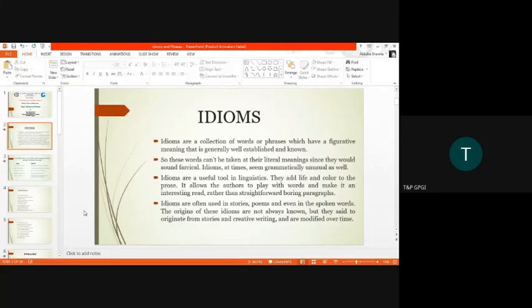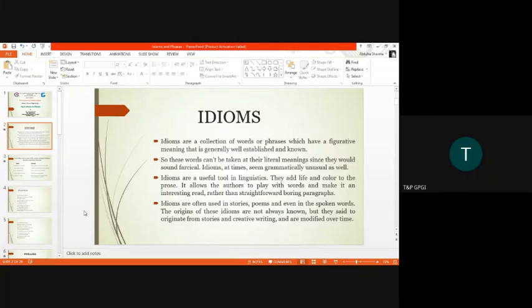If you know many more idioms, which you will by the end of today's lesson, you will know how to use them in your day-to-day conversation, or how to understand if somebody is using an idiom and what the meaning behind it is. Or if you get an idiom in your GATE examination, you should know what it means. Idioms allow authors to play with words and make it an interesting read rather than straightforward boring paragraphs.